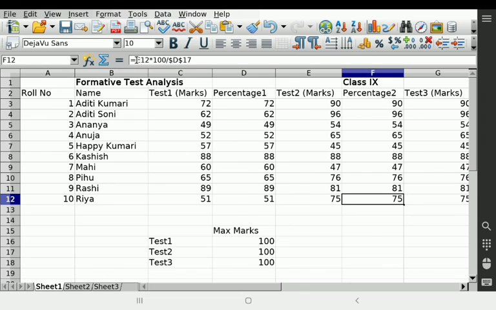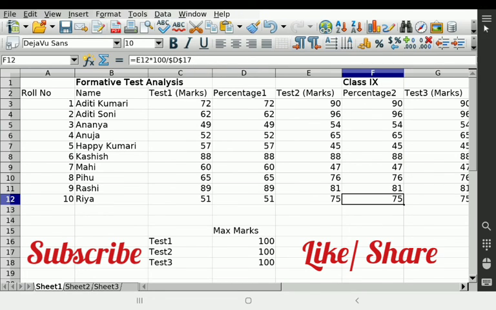So here the relative reference is changed for all the students, but the absolute reference is not changing. So this is an example of mixed referencing. Keep watching. Thank you.